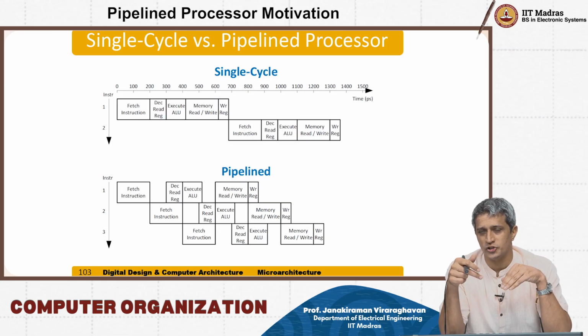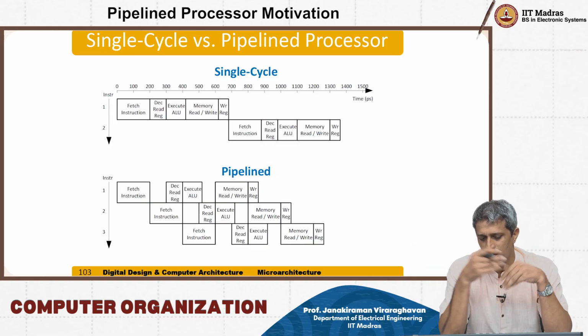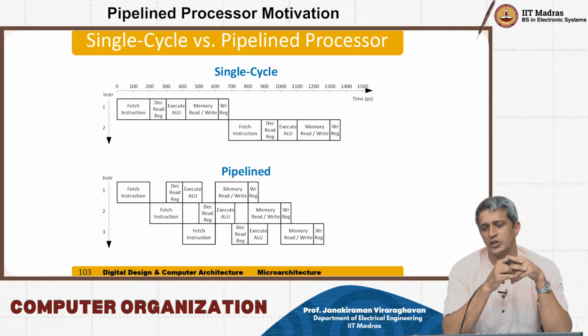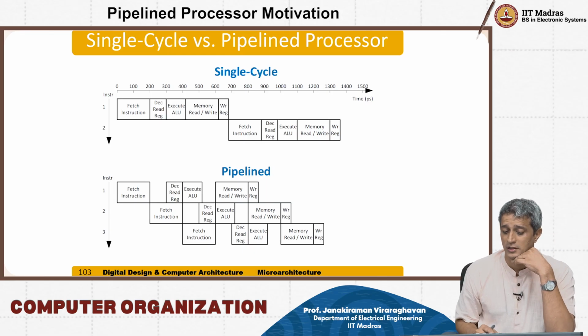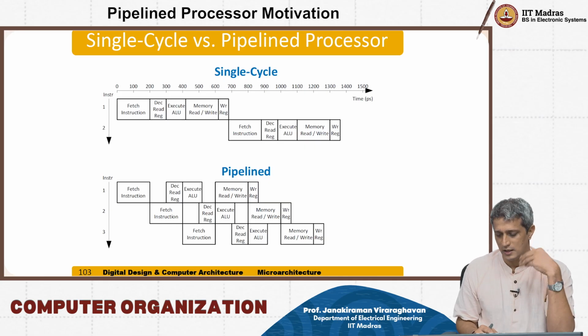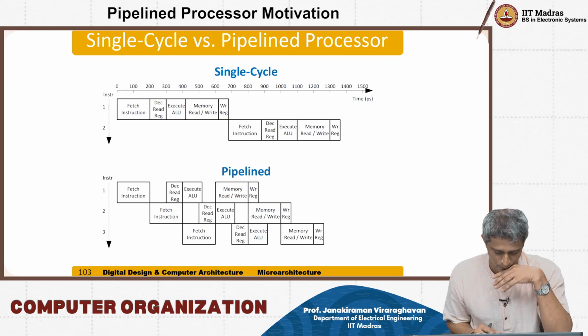Then the next instruction in single cycle can happen only in the next clock cycle. Again you do the instruction fetch, you decode and read registers, then you execute the ALU, again memory read or write, and then you write the registers back.